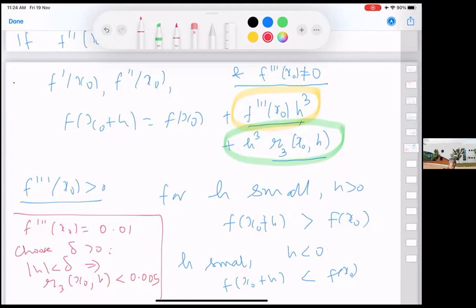So if I take h to be delta by 2, then the sum of these two will be delta by 2 cubed times some number, but positive. Whereas if you take h to be minus delta by 2, the sum of these two will be negative.